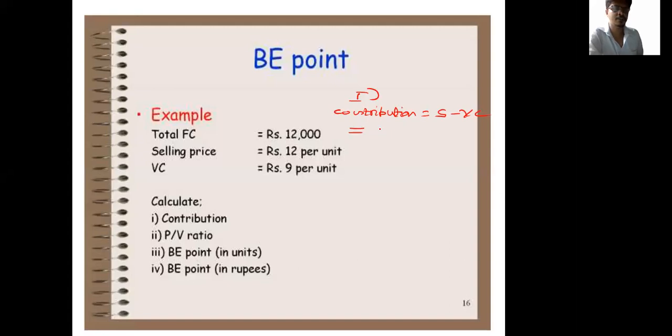In this particular case, selling price has been given as 12 and variable cost has been given as 9. That means here contribution is rupees 3 per unit.